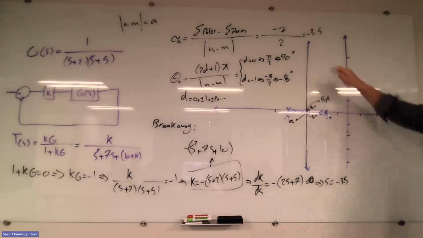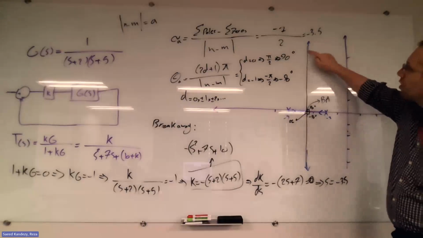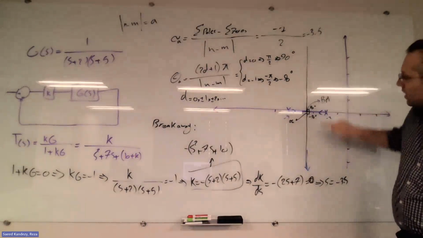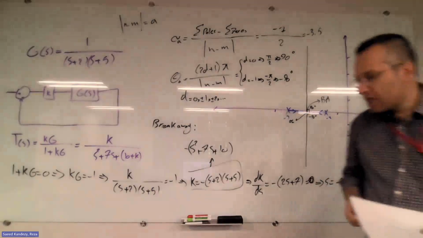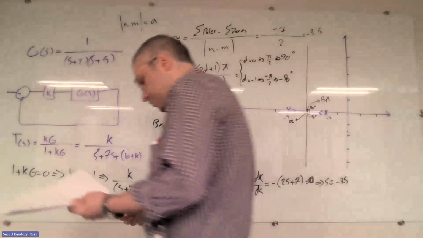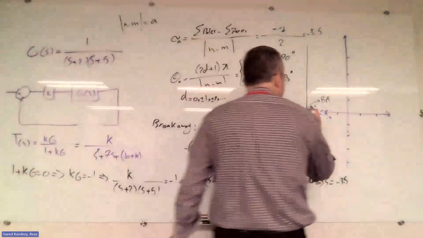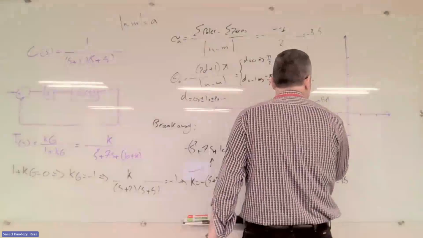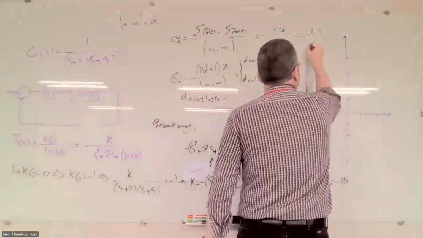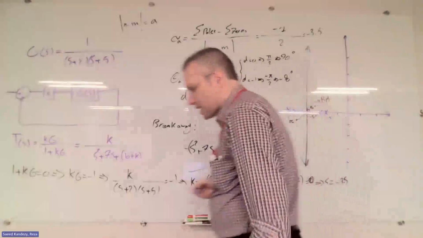Right now I drew that it touches the line, but since we know that the breakaway and break-in points are the same, that basically means the trajectory would follow those asymptote lines. So we leave the real axis at this point and move exactly over the asymptote lines.